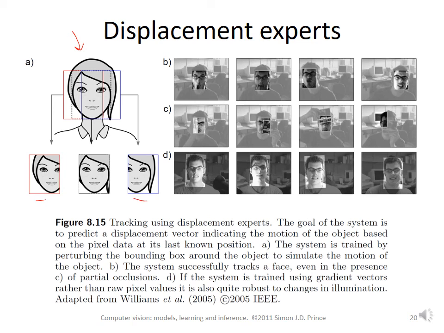And because we've simulated the shift, we know how many pixels we've moved left or right, and we can say that this appearance matches the person moving their head, for instance, to the left and having one of their eyes cropped.